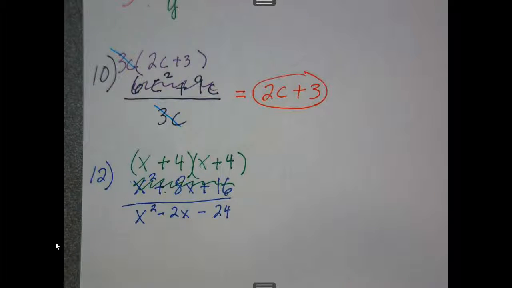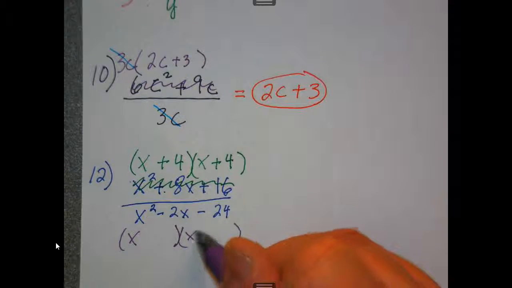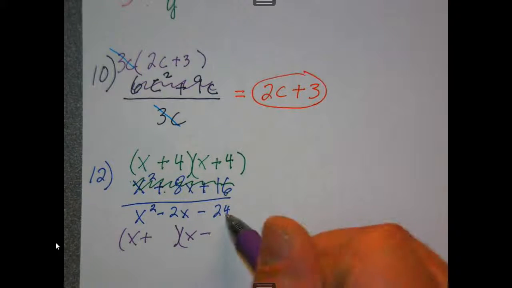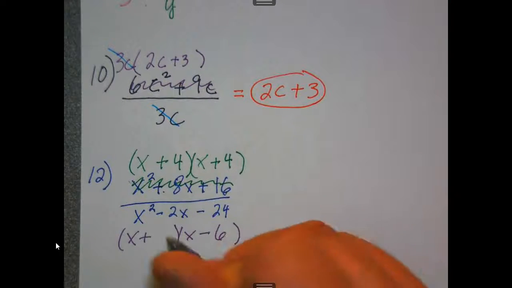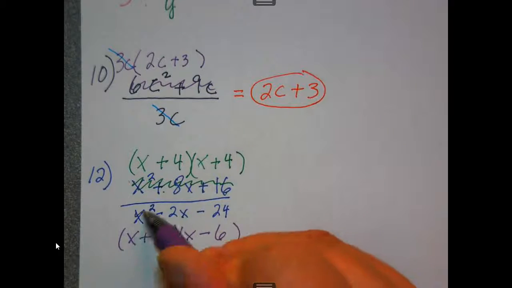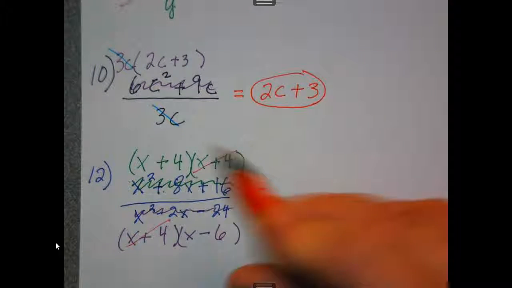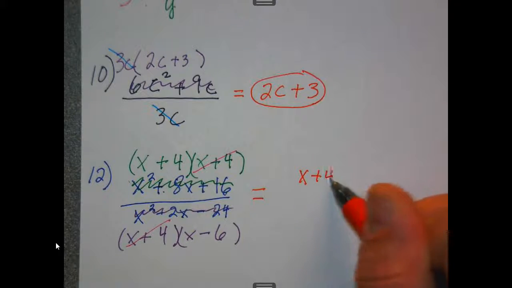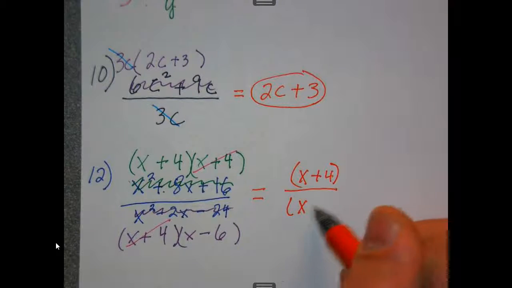And factor, x plus minus. Two factors of 24 that subtract to negative 2. Okay, cancel out x plus 4. And I end up with the x plus 4 on top. I'm going to put parentheses around there so I don't make a silly mistake. X minus 6.